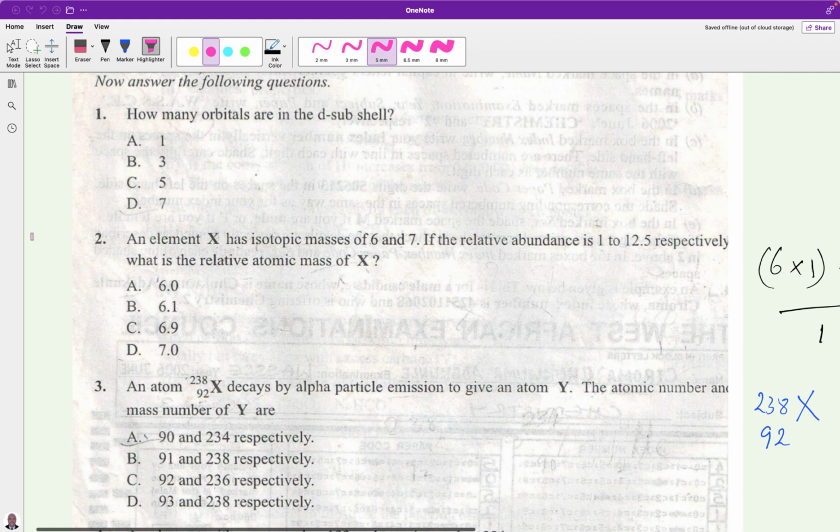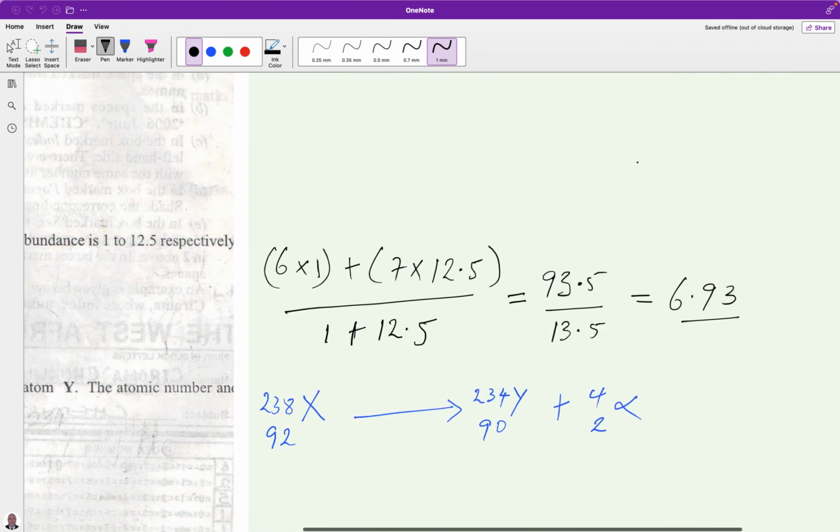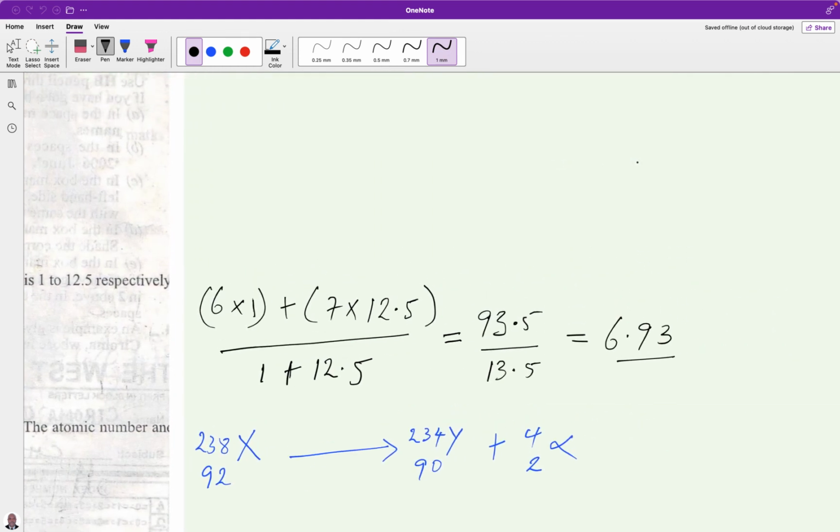Just for the purpose of revision, look at this example. This is the S orbital, and this is the P orbital.